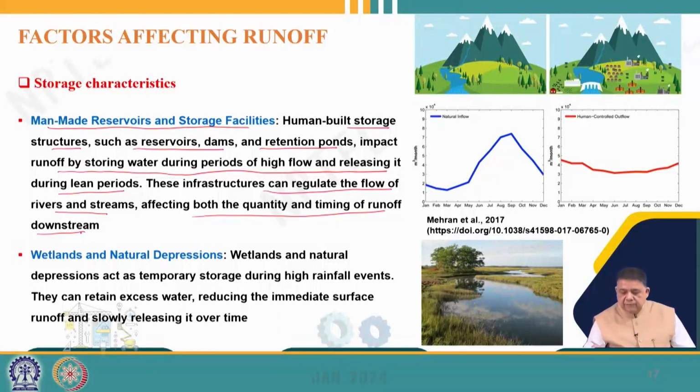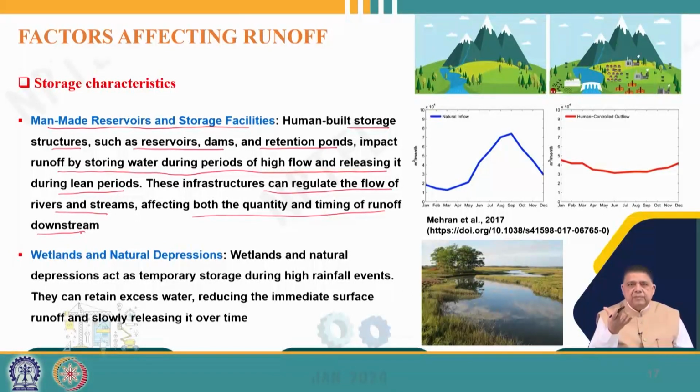So, of course, if we have a reservoir, dam or retention pond built for storing water, then during high rainfall events there will be a lot of storage, and thus runoff will be much lower. And of course, these storages, as we discussed in the previous lecture about reservoirs and their storage requirement, store water for a particular purpose, in order to meet demand during a lean period.